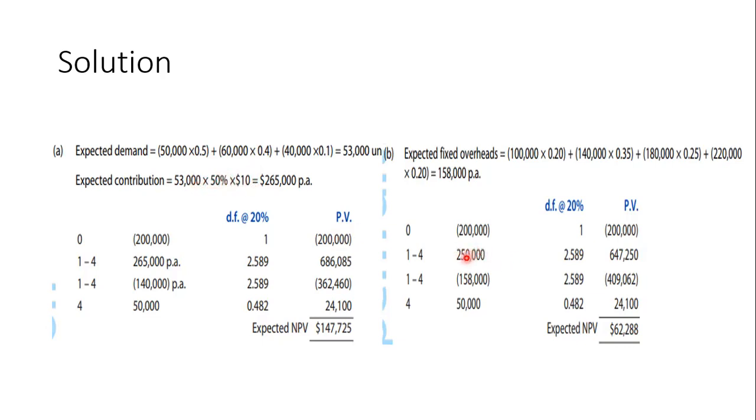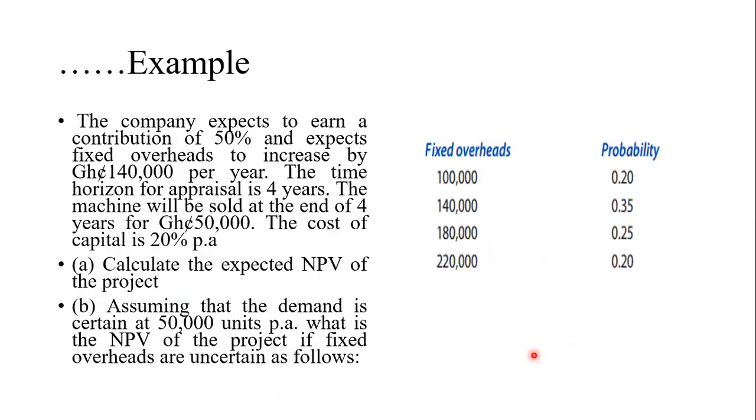That would give you 250,000 for each of years 1 to 4. We put that into our investment appraisal and do discount factors. The discount factor is not going to change, and we use that to appraise our investments.